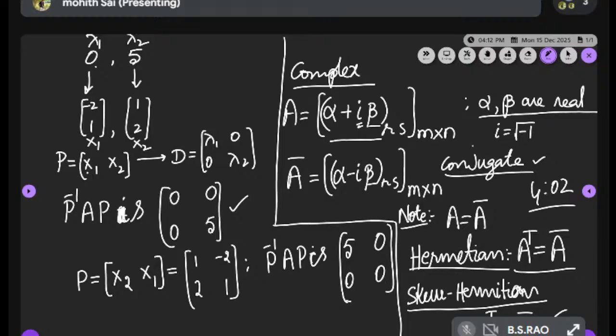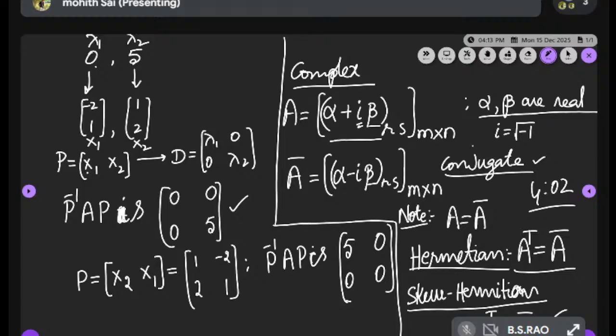Here I am talking about eigenvalues of skew Hermitian. The eigenvalues of a skew Hermitian matrix are always either purely imaginary or zeros. The real part becomes zero. You may get an imaginary part, or the imaginary part may also be zero.